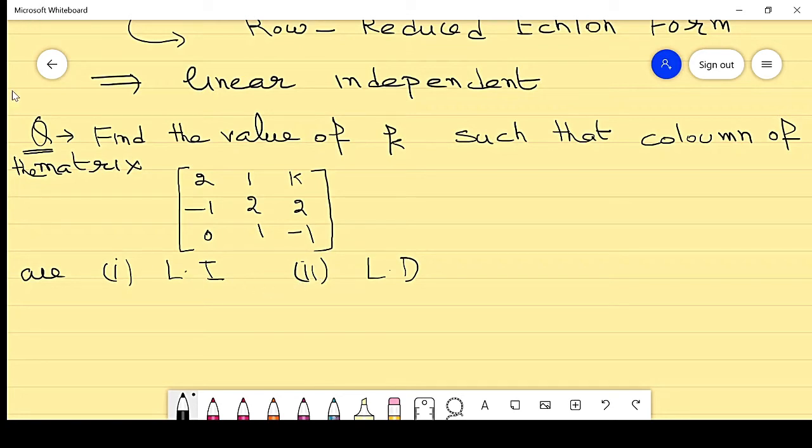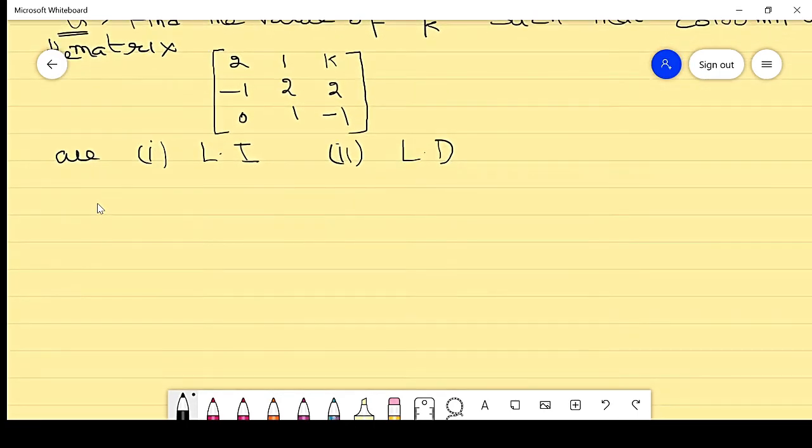So it means my aim is to find its determinant. It is a very simple way.